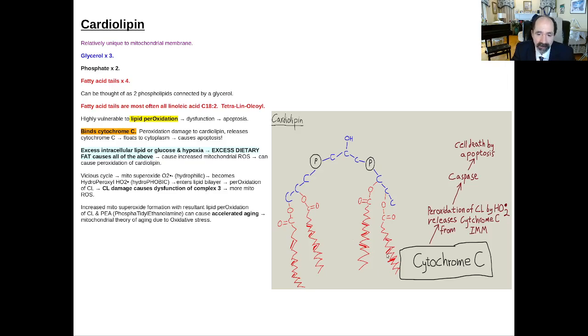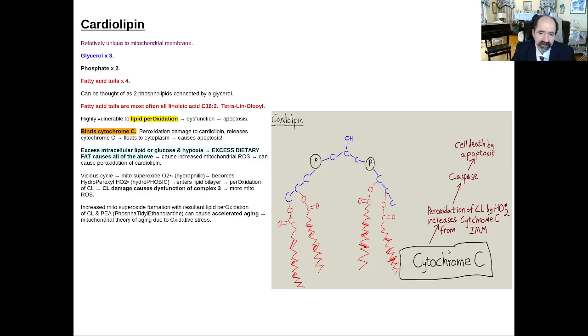When that happens, it'll distort the shape of the fatty acid tails, and they'll lose their bond with the cytochrome C, and the cytochrome C will come off free from the cardiolipin, and it'll then be dislodged away from the inner mitochondrial membrane. And that's a disaster, because that tells the cell that the mitochondria is no longer functional, therefore the cell cannot survive without functional mitochondria. So it activates a pathway for apoptosis, meaning programmed cell death, to recycle those chemicals.